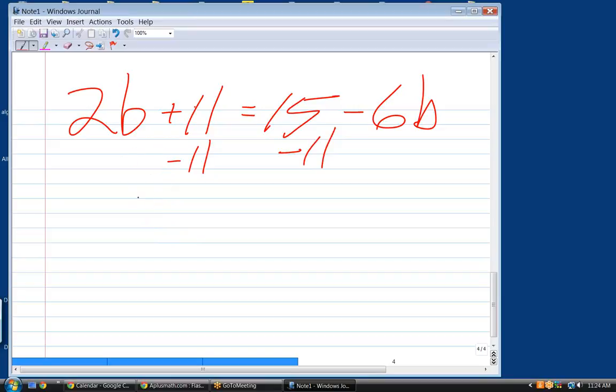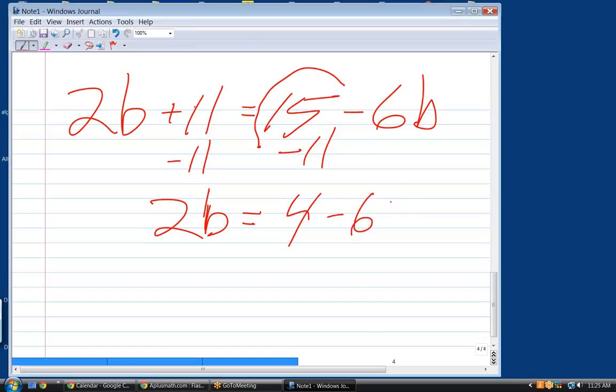Okay, what's the left side of the equation now? 2b. All right. Equals what? 4 minus 6b. Okay. Now the next step?